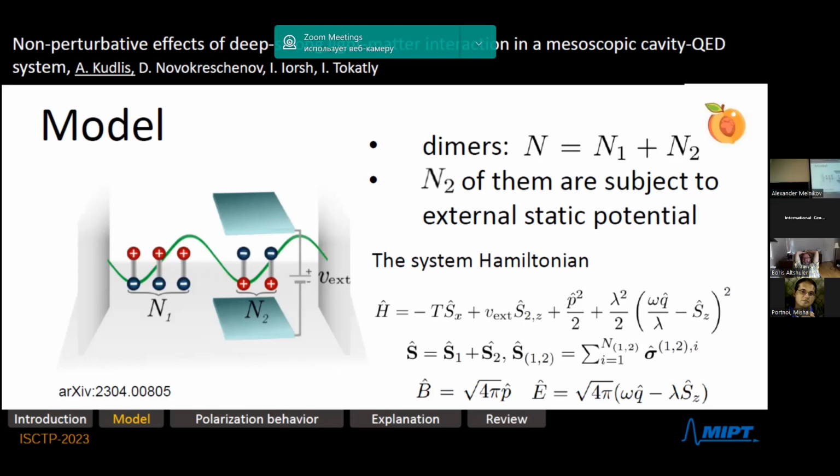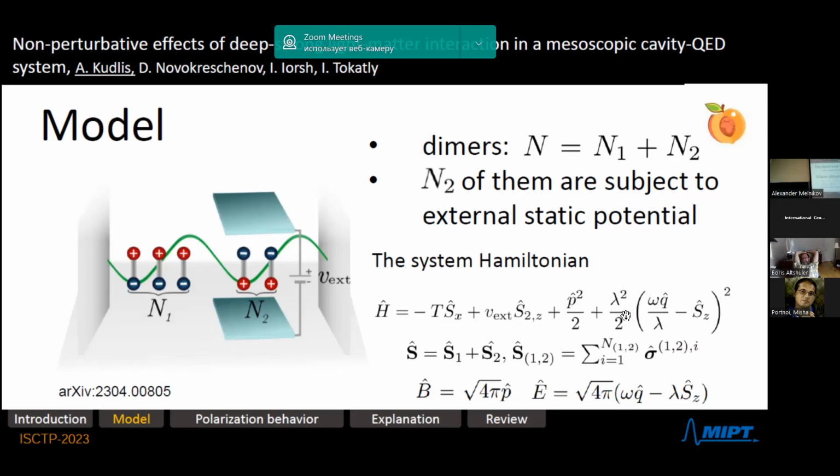And the Hamiltonian of the system is as follows. The first term corresponds to the hopping. The second term is the interaction with the external static potential, then the kinetic energy of the harmonic oscillator, and the interaction between matter and our cavity mode.